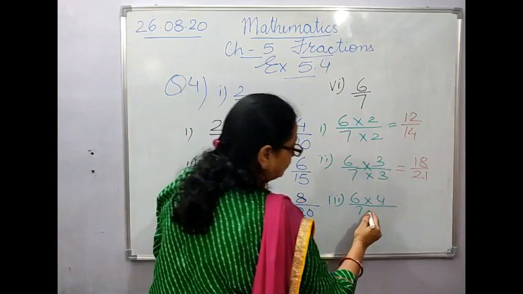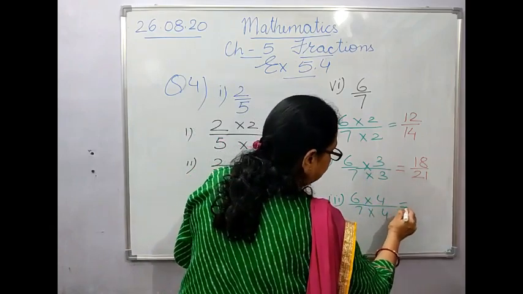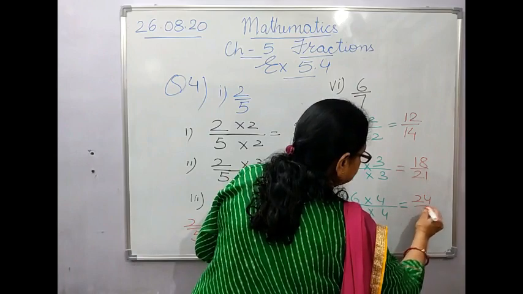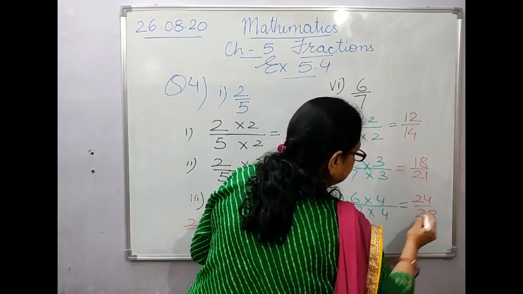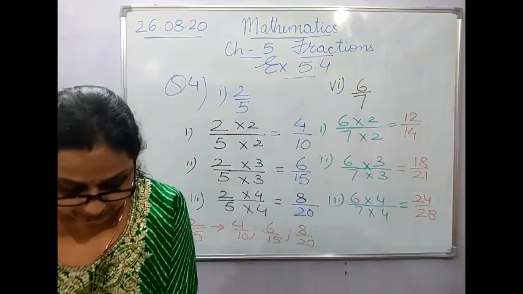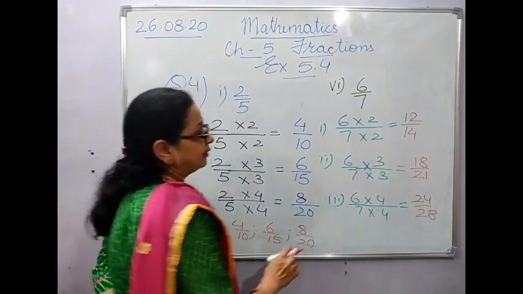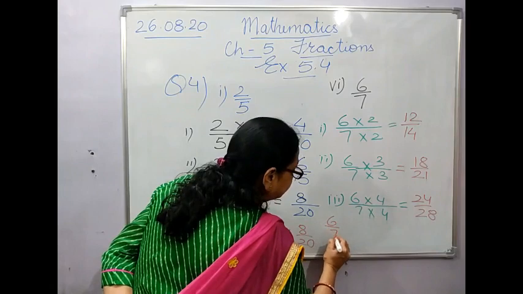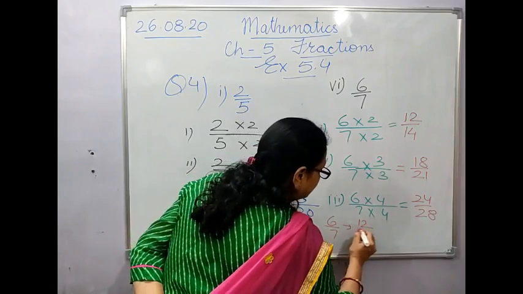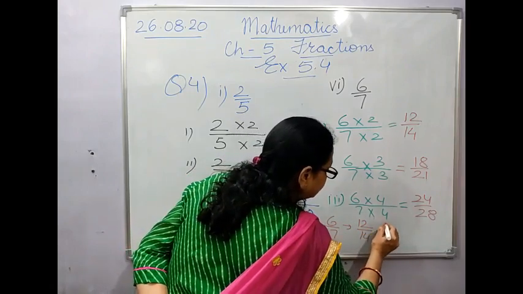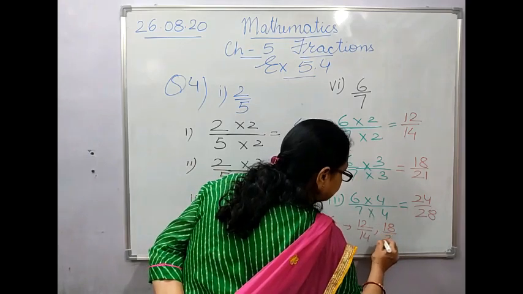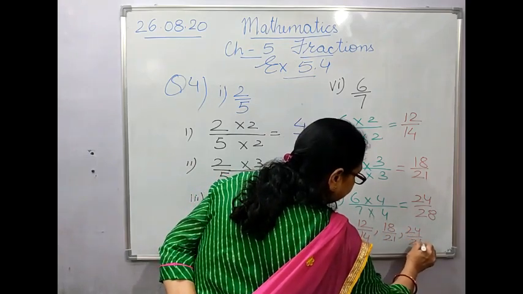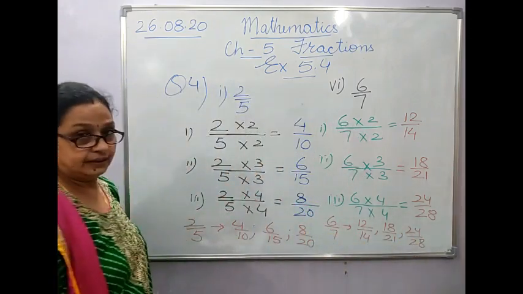Now we will multiply by 4. 6 4s are 24 and 7 4s are 28. Okay. So what are the equivalent fractions of 6 upon 7? They are 12 upon 14. They have asked only for 3. So we will take out only 3. Clear? Have a look.